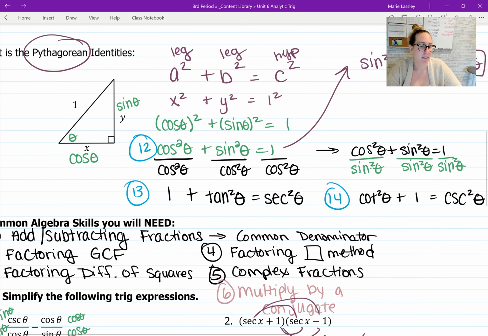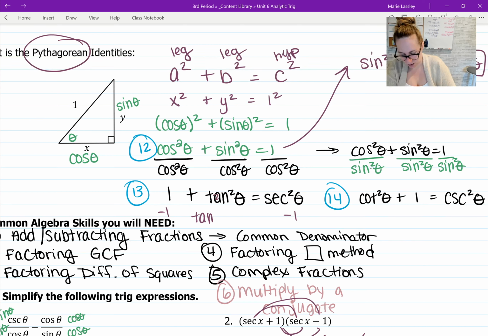Number 13 has a secant squared and it has a 1, but the 1 is in the wrong spot. So guess what we're going to do? We're going to subtract it from both sides. And you get tangent squared theta equals secant squared theta minus 1.